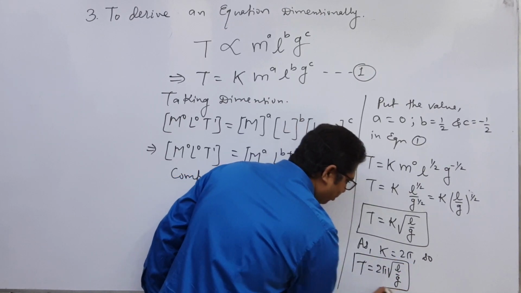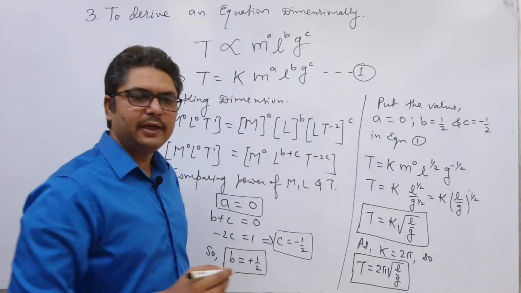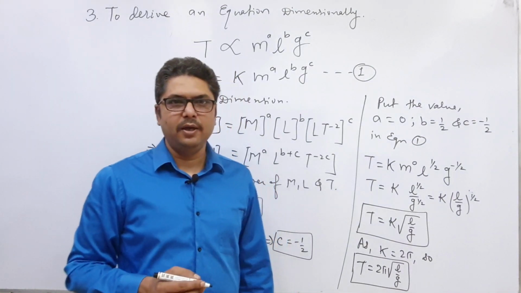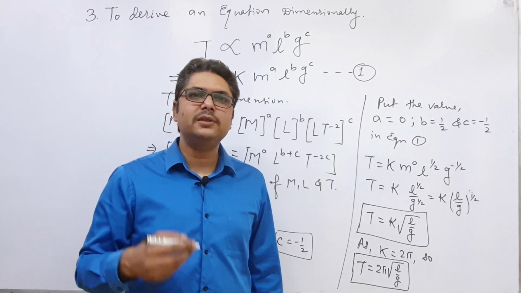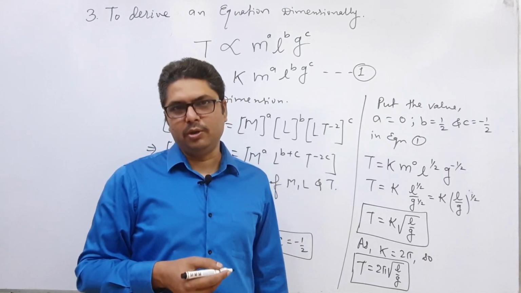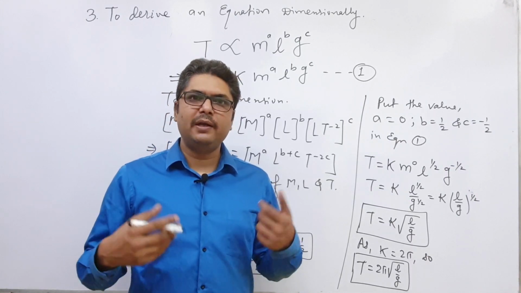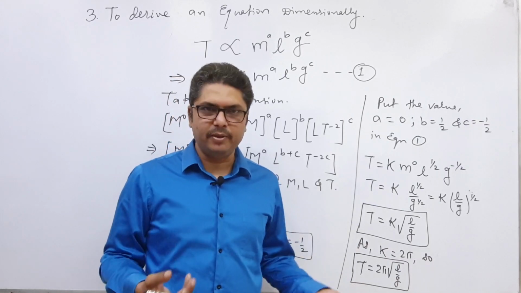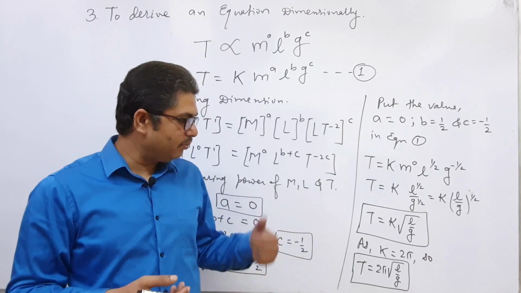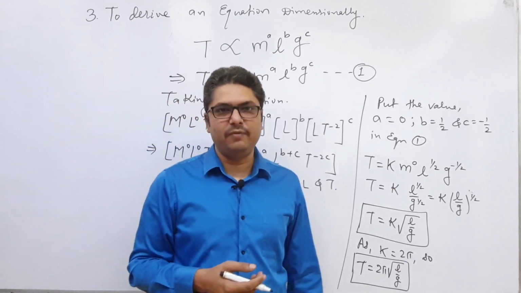Here the value of K, that is constant, cannot be found with the help of dimensions. This can be found by some other tool, such as the experimental method or other types of methods. Okay. So these come in the form of limitations of dimension.